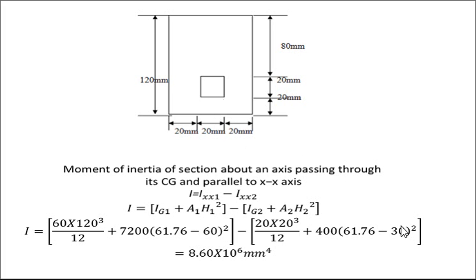So 10 plus 20 is 30. If you take the difference between that neutral axis and the CG of this square hole, we'll get the H2 value. After doing the calculation for the hole, we'll get the value 8.60 into 10 raised to 6 mm raised to 4. That is nothing but the moment of inertia of the whole section, excluding the square hole.